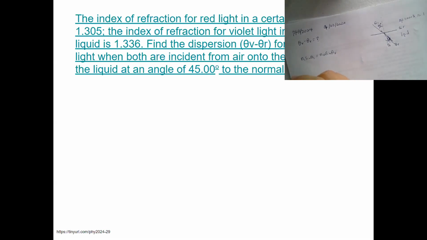In this case, 1 times sine of 45 degrees is equal to n2v for the violet light, 1.336, times sine of theta v. I will be solving for theta v. I'll divide both sides by 1.336, then I have just sine of theta v on the right.